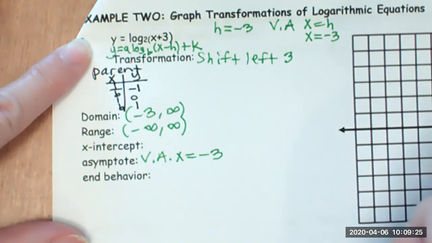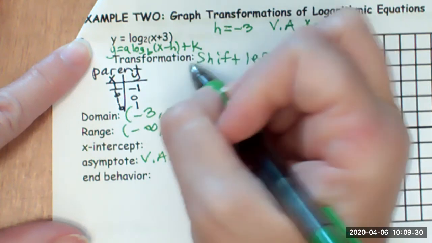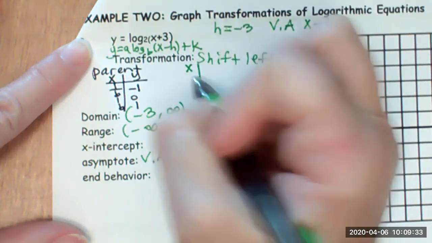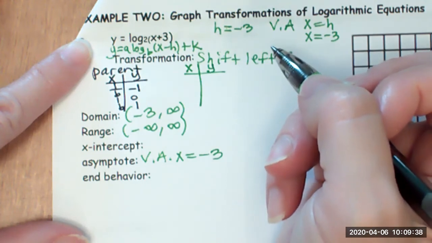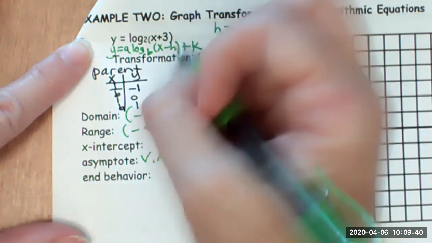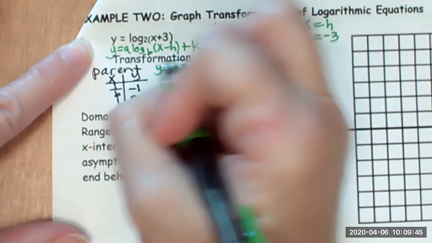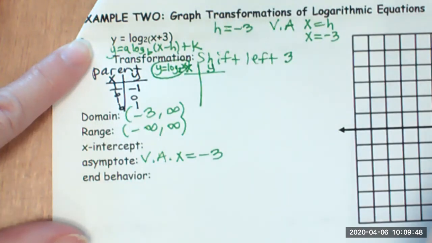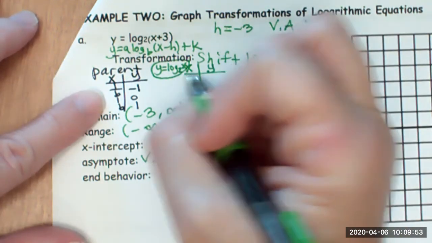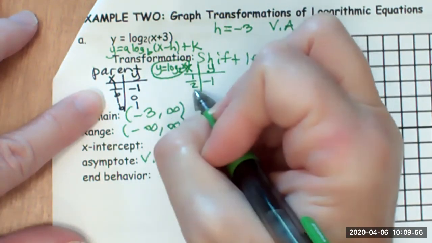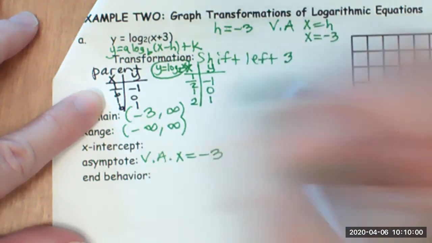In this particular case, this is y equals log base 2 of x. And just fill in the base 2, so it's 1/2, negative 1, 1, 0, 2, 1.